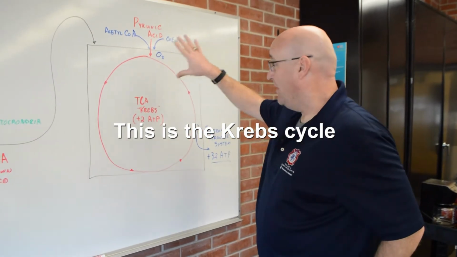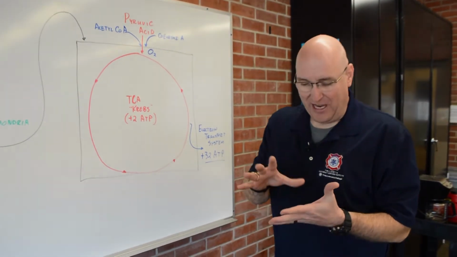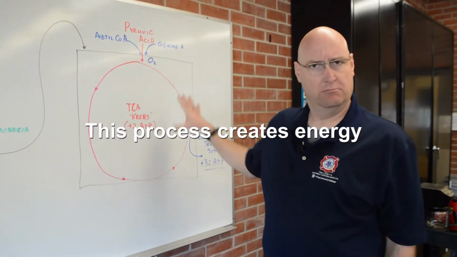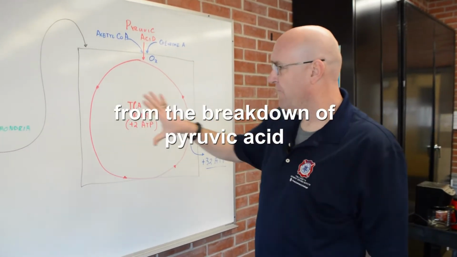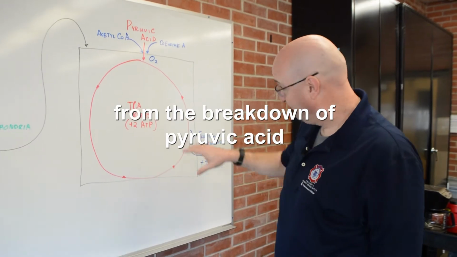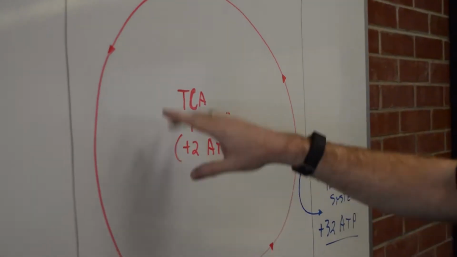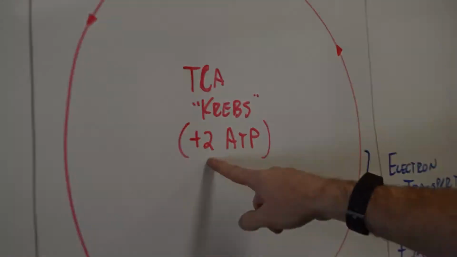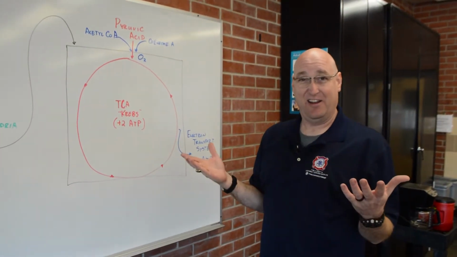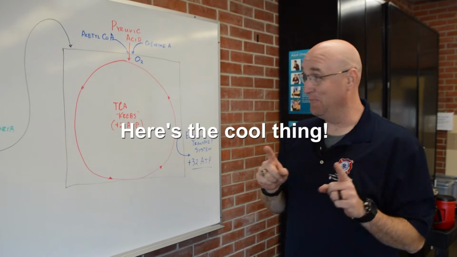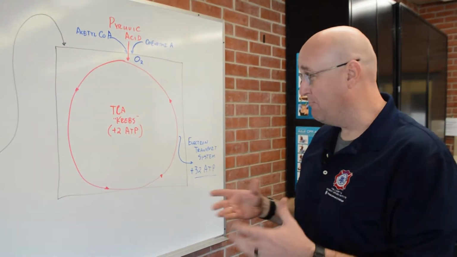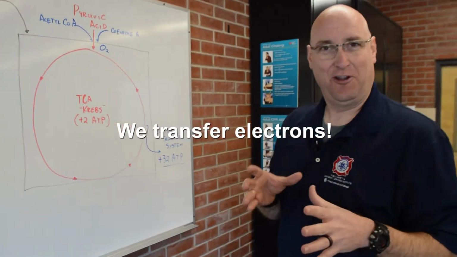This process, with all the other coenzymes and cofactors that we have, synthesizes energy from the breakdown of pyruvic acid. We have 2 revolutions of this cycle per molecule, and we create 2 ATP. And you're like, well, that's not a lot of ATP. Well, here's the cool thing about this. As this process goes through, we keep breaking down and we start transferring electrons.